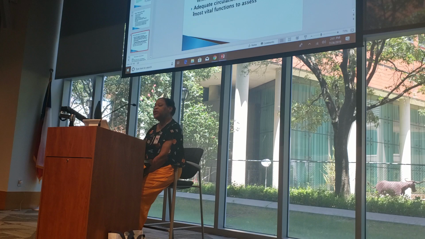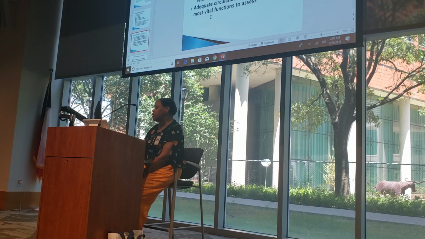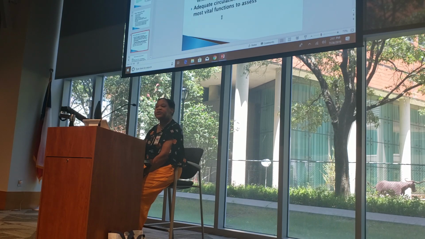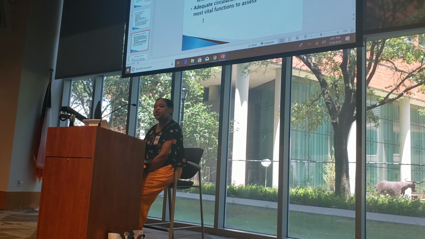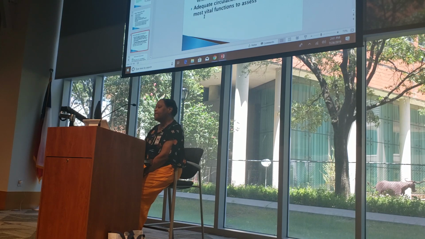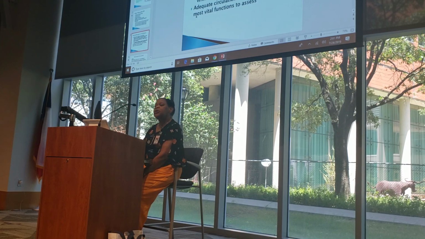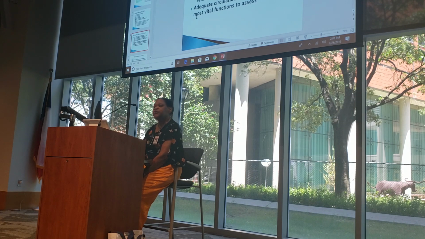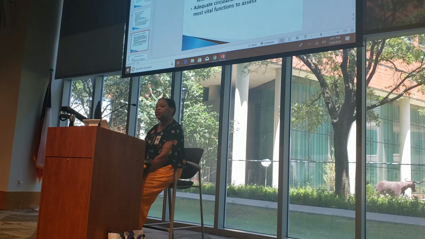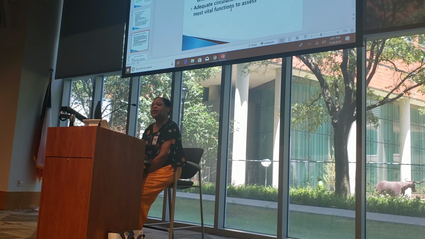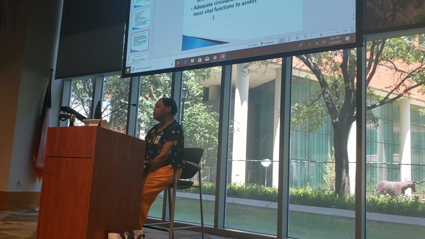We want to make sure there's adequate circulation and respiration, the most vital functions to assess. When a patient is in a coma, or they are a trauma patient, or a neuro patient, you want to make sure of that. So what are we talking about? ABCs. Adequate circulation and respiration are going to be your ABCs.